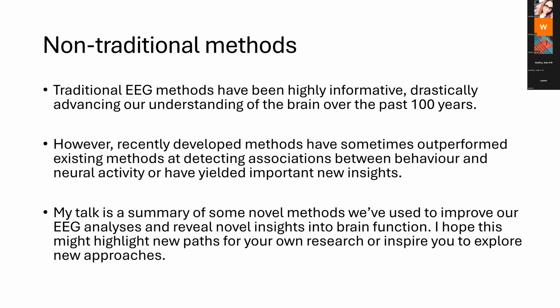So my talk is just going to be a summary of some of the novel methods that we've used to improve our EEG analyses and reveal novel insights into brain function, in the hope that this might inspire other researchers to explore novel methods also.